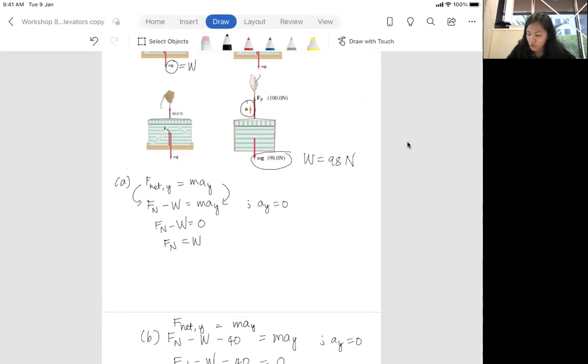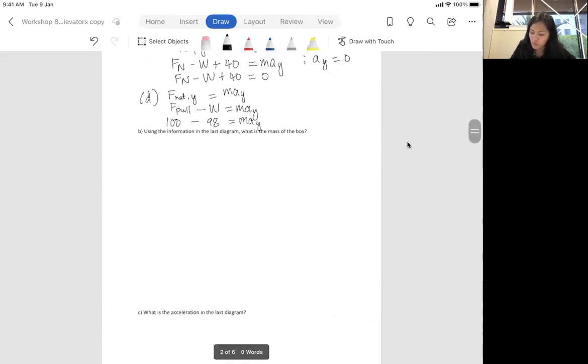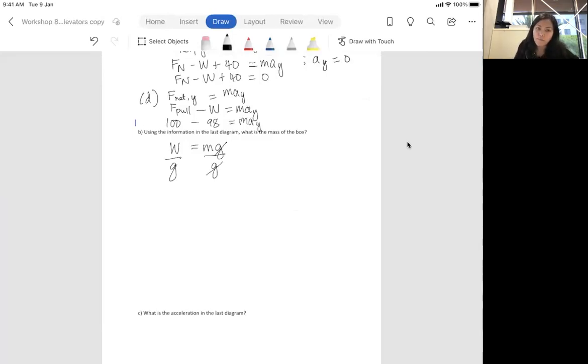And it also shows you that the weight force is equal to mass times gravitational acceleration, which we also know from our lecture. We want to find the mass. The mass is tied to G via multiplication sign. So to isolate mass, we have to divide both sides with G, so that G divided by G is equal to 1, and we get rid of G on the right-hand side.